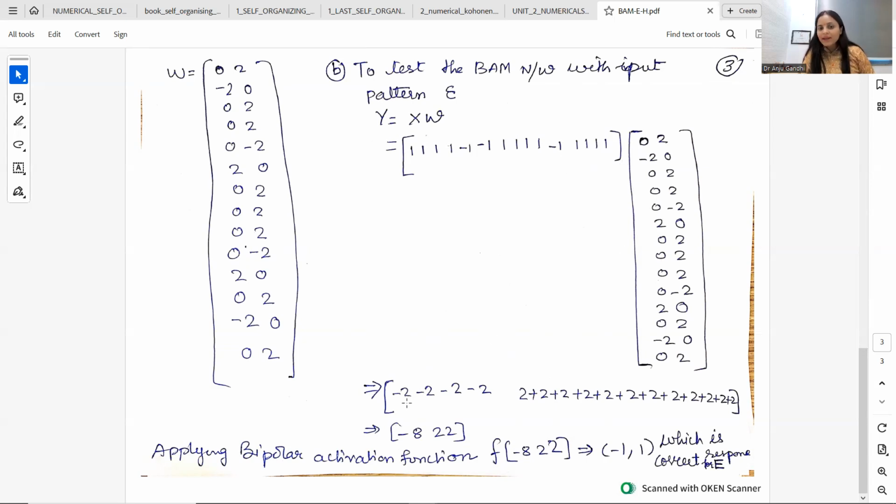In this way we get -2, -2, -2, -2, because only four values are non-zero here.